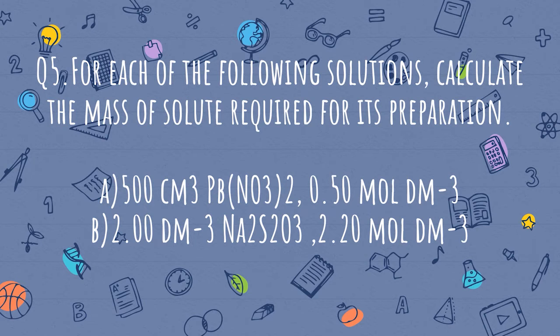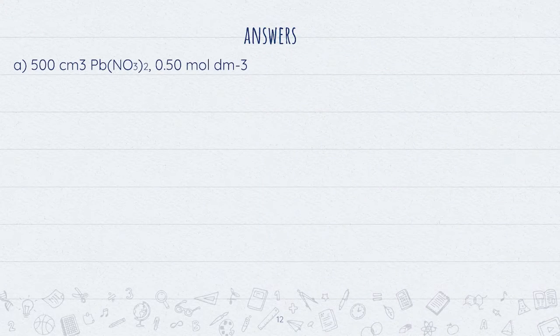Next question, question 5. It is stated that for each of the following solutions, calculate the mass of solid required for its preparation. We have two parts, A and B. For question A, make sure to list all the details. We have 500 cm cubed, which is the volume, and the molarity is 0.5.